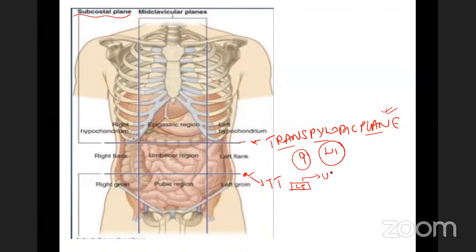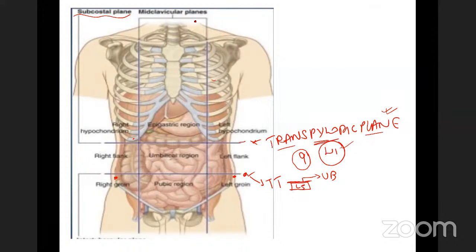If you join the two tubercles of the iliac crest, you get the transtubercular plane. This is an MCQ question: it passes at the upper border of L5. Another MCQ question: the transpyloric plane passes at the lower border of L1.